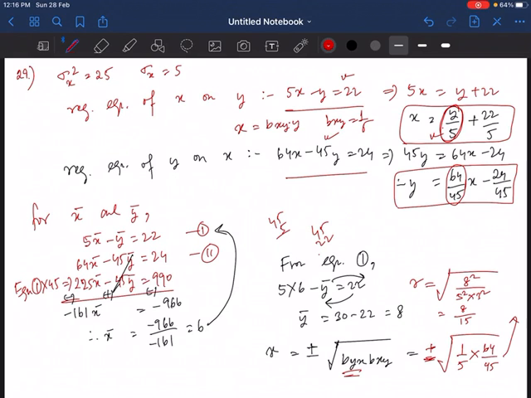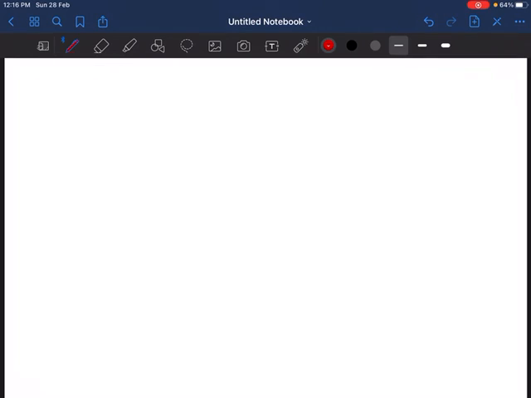8 divided by 15, the value comes out to be 0.533. Once I know the value of r, sigma x is 5. We know the regression coefficient formula, that is bxy is equal to r into sigma x by sigma y.